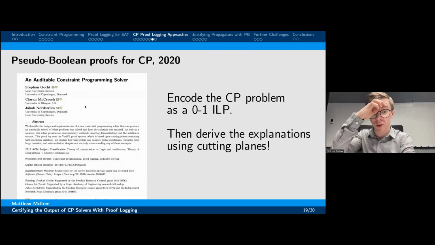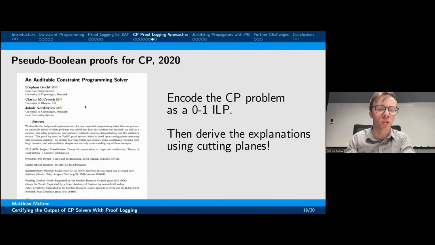And then this was generalized into a proof framework for a general CP solver that deals with several global constraints, quite a number, essentially a bunch of the fundamental constraints that you would want to support in effectively any CP solver. So linear inequalities, the element constraints, I'm trying to remember off the top of my head, not equals, and table constraints.